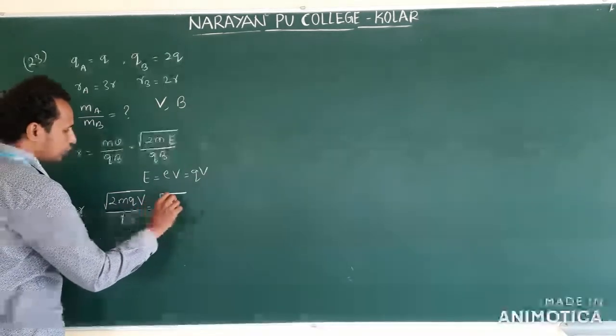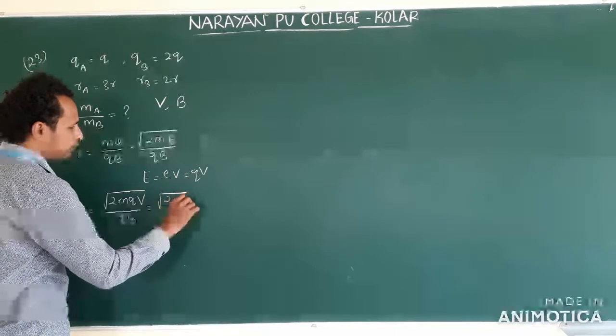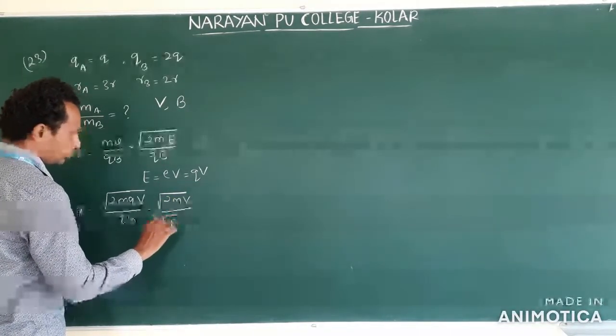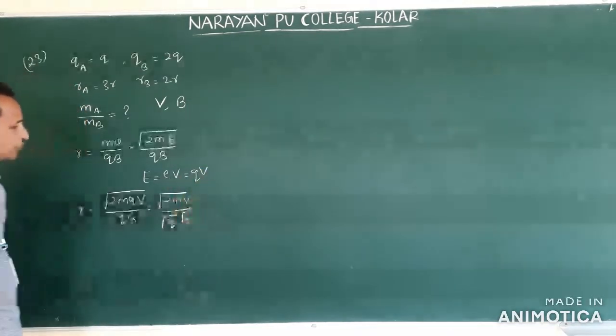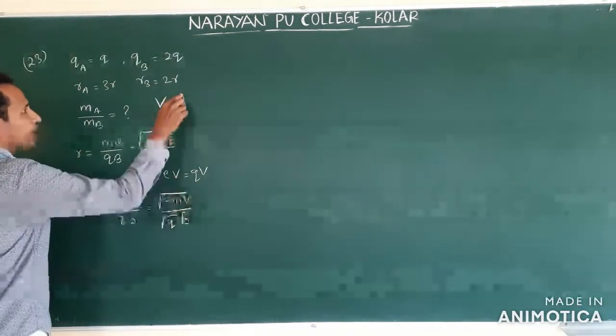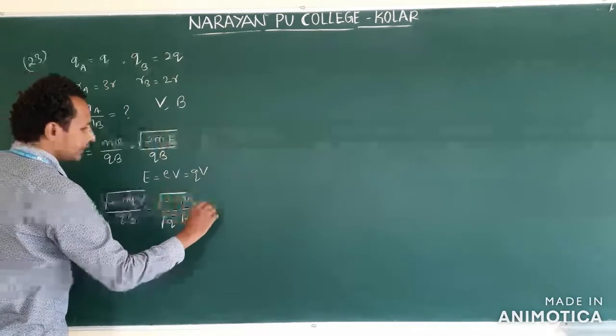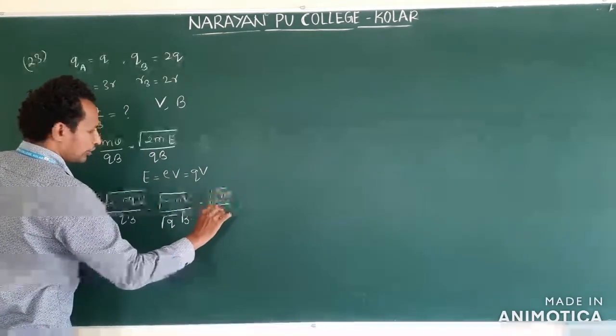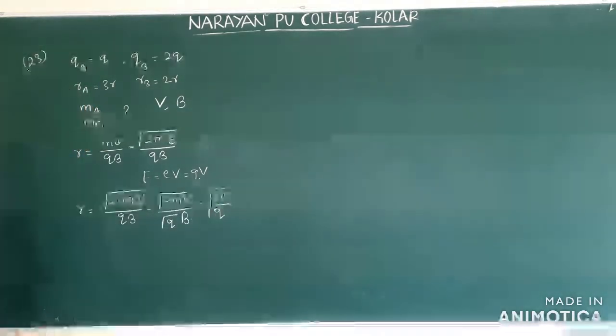This we can write as root of 2mV by root q into B. So V and B are constant for both. This we can write as root of 2m by q. Clear?